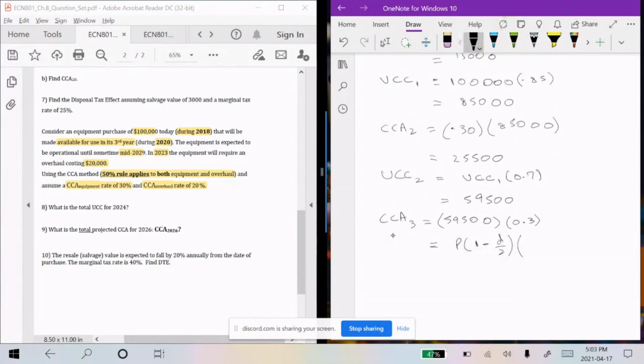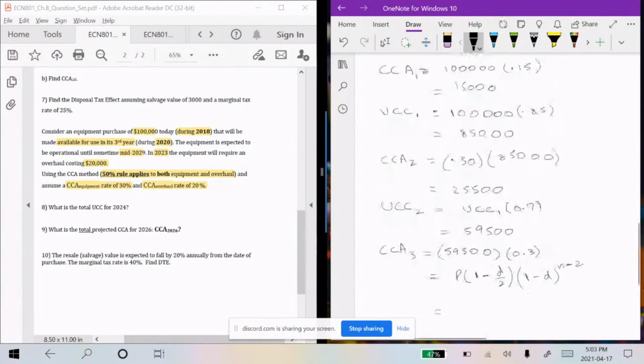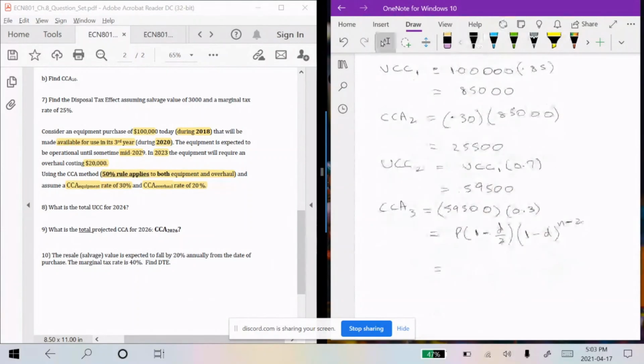And then for each period going forward, it's going to be 1 minus D to the power n minus 2, because in the first period it would be 1 minus D by 2, and then it's going to be 1 minus D. So you just calculate this, and it's going to be 17,850.